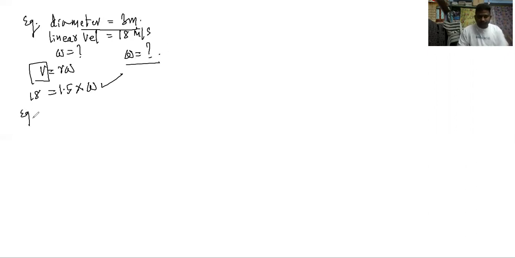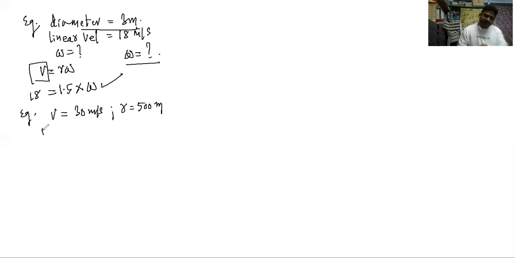Then another example question. Direct questions, I'm telling you how they'll ask. There is a car moving with a speed of 30 meters per second on a circular path whose radius is given as 500 meters.